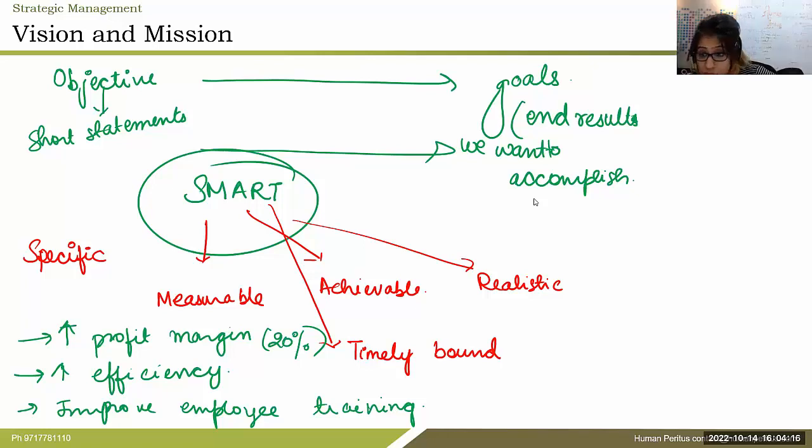See, vision is for like 10 to 16 years. Like my vision as a teacher could be that I want to be the best. Any organization wants to be the best. See, change is constant. You know this, right? There could be times when the organization gets into a merger and acquisition.